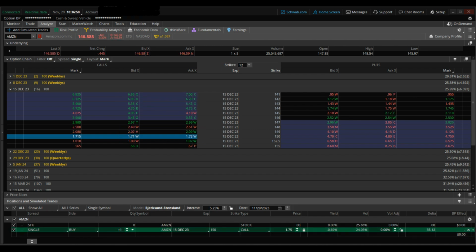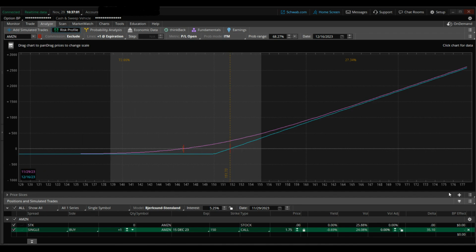So now that you understand how this transaction works and you know it happens in a matter of seconds, let's go to the risk profile to break down our position. So I just simply click on the risk profile and this is the chart. Now I know you're looking at the screen and you think this chart looks scary, but I promise you it's nice and friendly. I'm going to break things down for you to see everything you need to know.